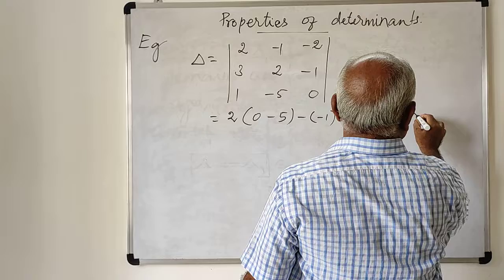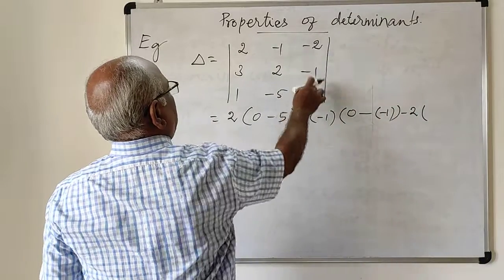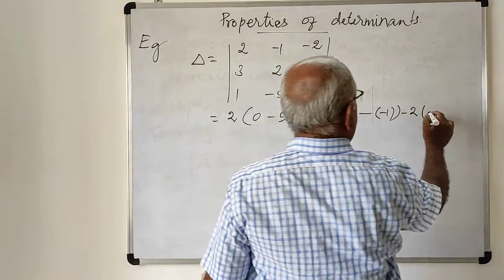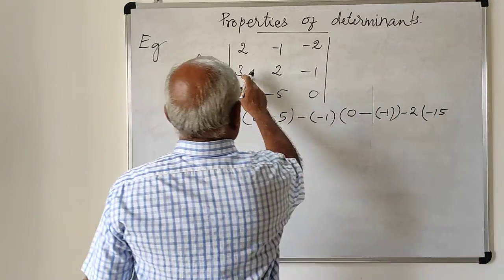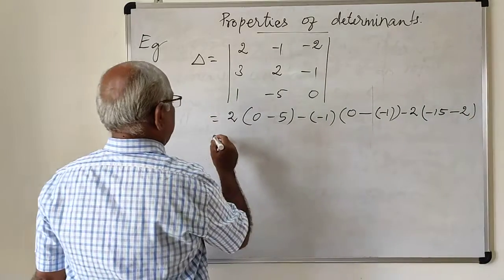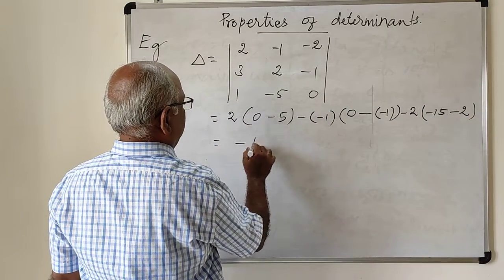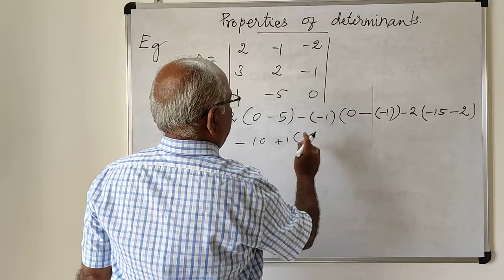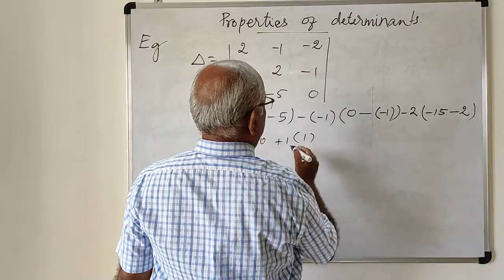Minus 2 into, you eliminate the minus 2 column and row, 3 into minus 5, minus 15, and minus 1 into 1. So this is equal to 2 into minus 5, minus 10, minus and minus plus 1, plus 1 into 1.